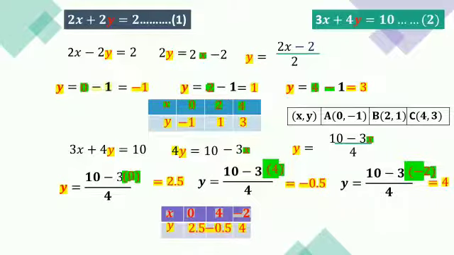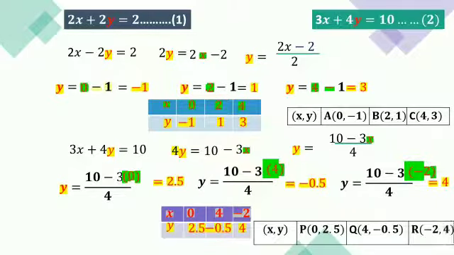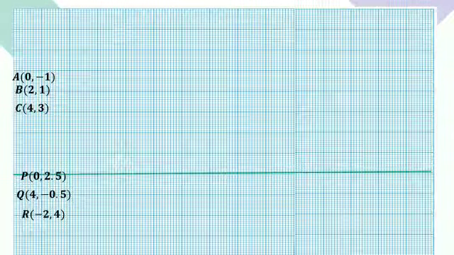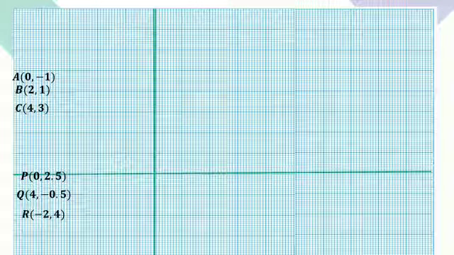You can put any other values. There is no hard and fast rule. But remember to have easier values. Now let us plot the graph for the first equation. We have graph paper with x and y axes here.